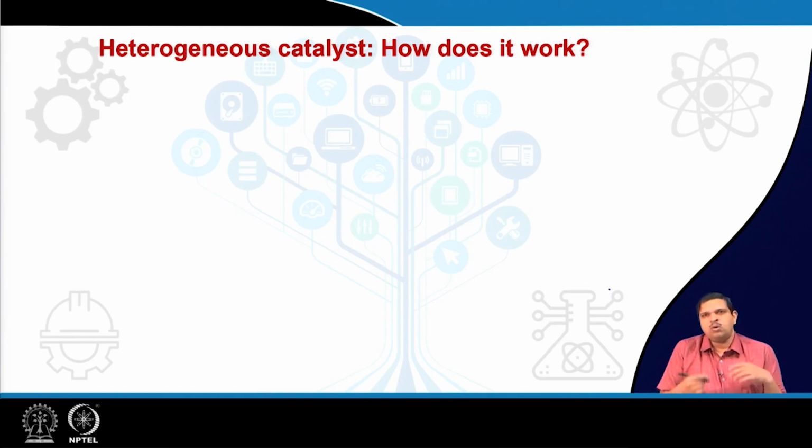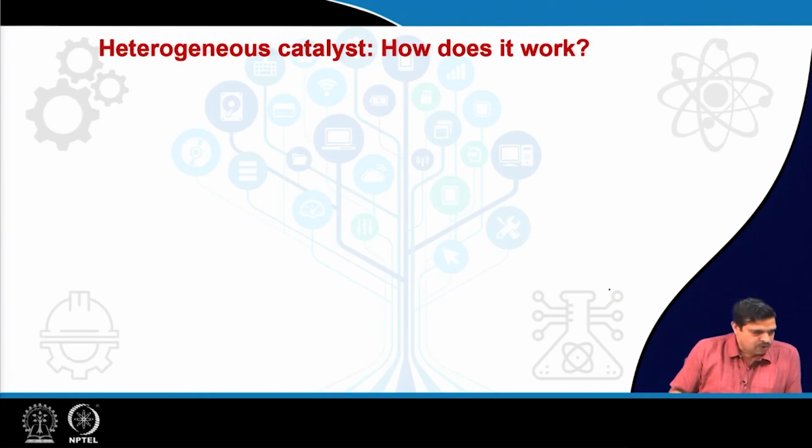Many oxides, alkali oxides, transition metal oxides, lanthanide oxides also act as catalysts for various reactions. So, we know that heterogeneous catalysis is actually surface chemistry, which we have already discussed.